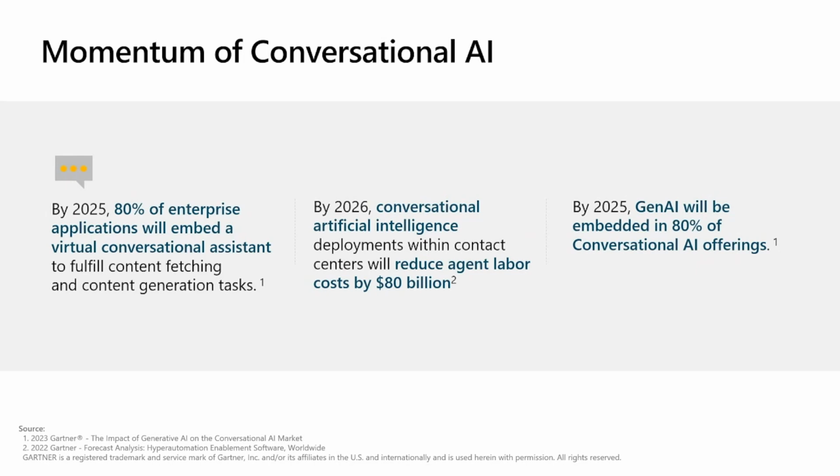It is anticipated that the deployment of conversational AI within contact centers will result in a substantial reduction of agent-level cost, amounting to an estimated 18 billion in savings. And the third point is generative AI in conversational AI offerings. Forecast by 2025, 18% of conversational AI solutions will incorporate generative AI.